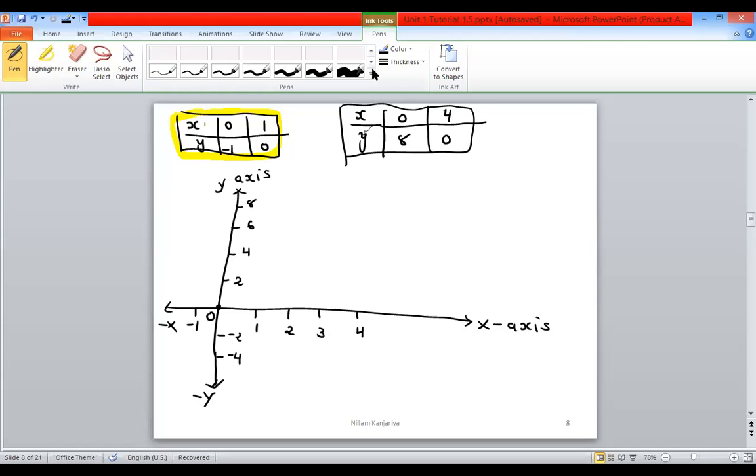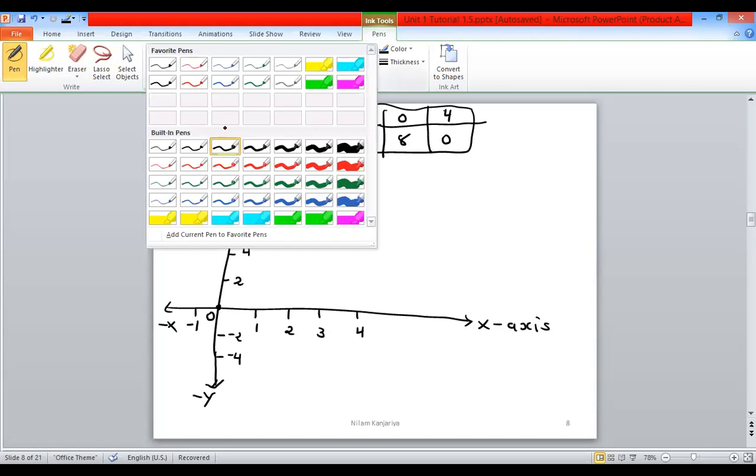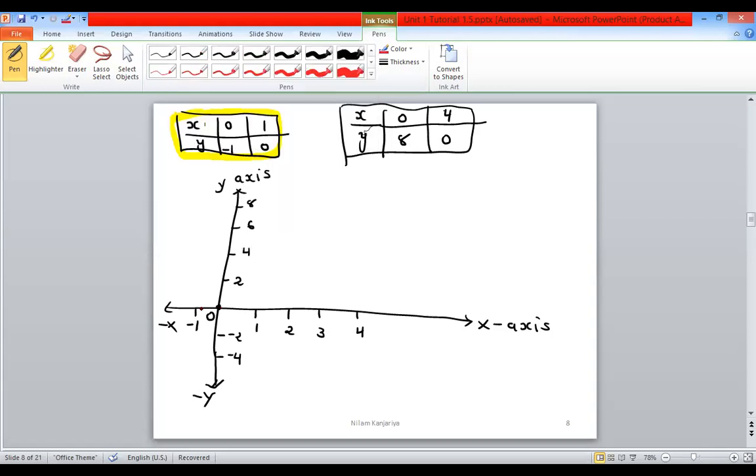Now join the first table. X is 0, y is minus 1. It may be here. This is 0, minus 1. Second, x is 1, y is 0.